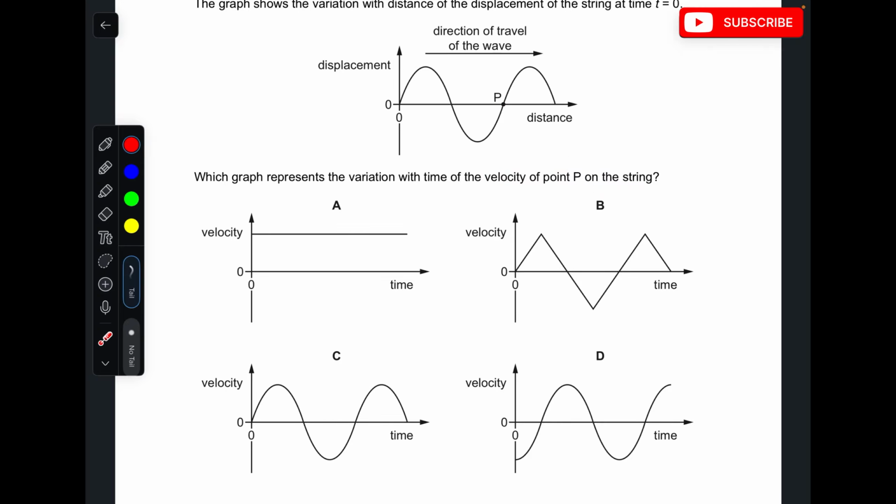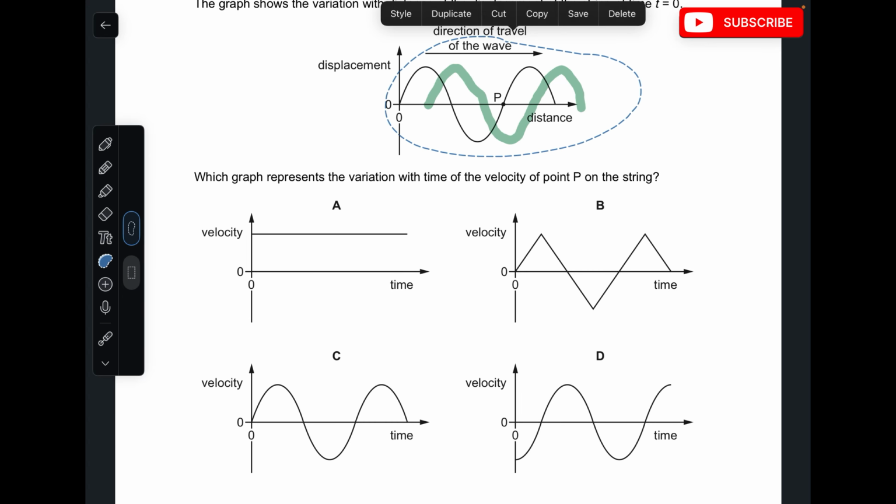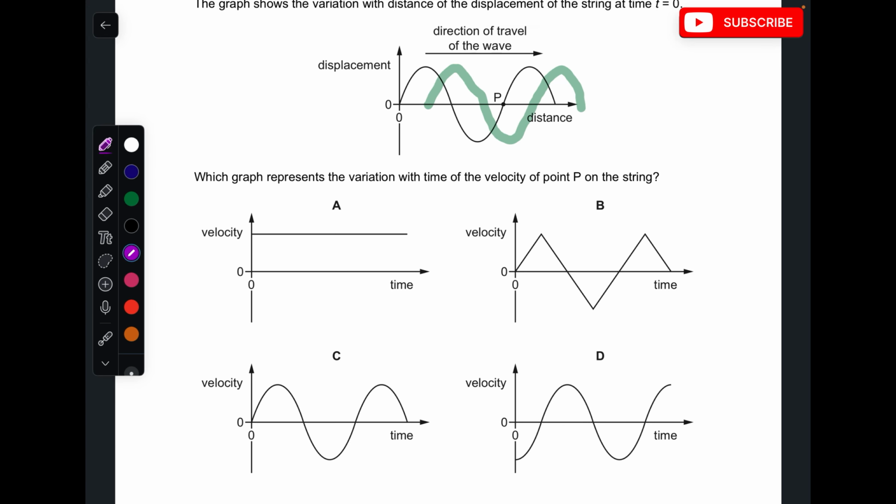If you trace the wave, let's suppose this is the wave. As the wave moves forward, after some time P will be at this point. So P will move down, and on this side the displacement is negative.